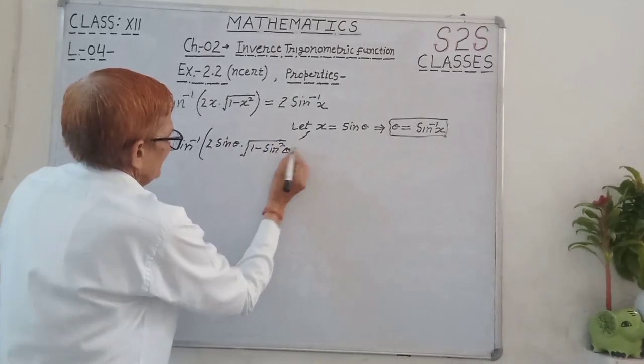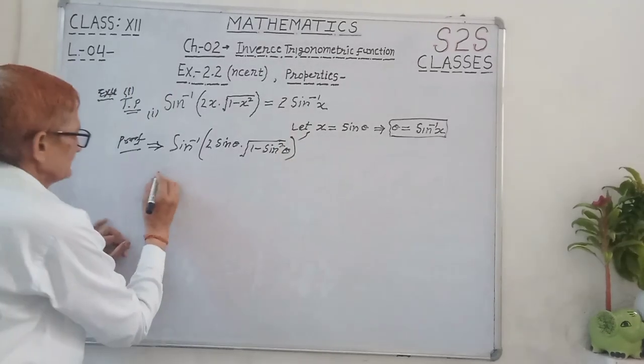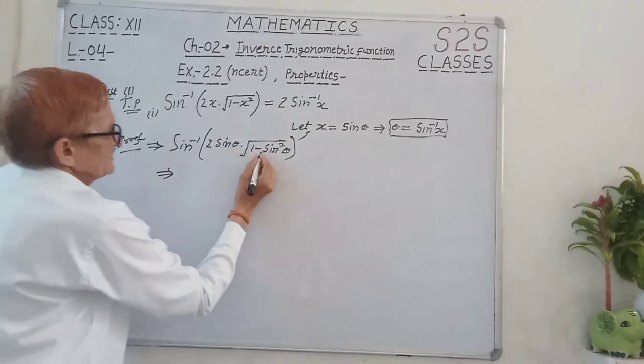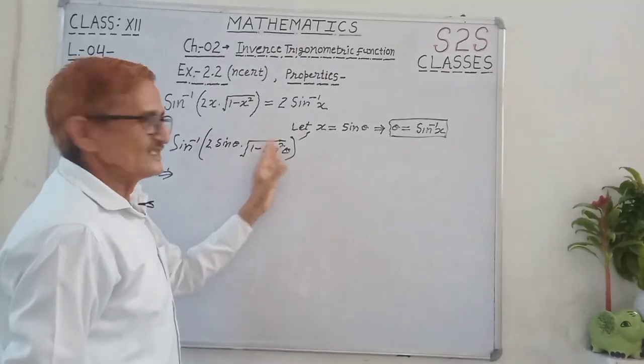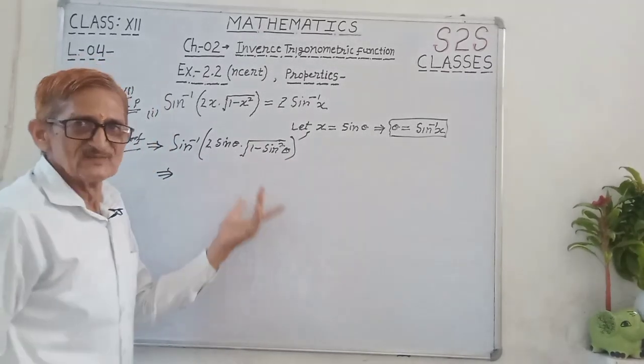Now 1 minus sin square theta is cos square theta, so square root of cos square theta will be cos theta.